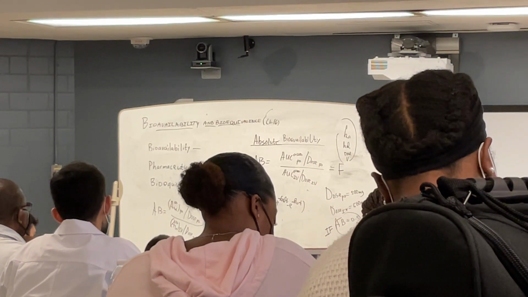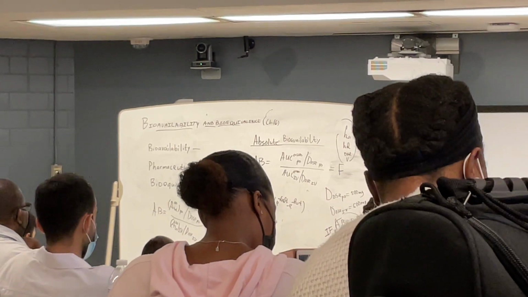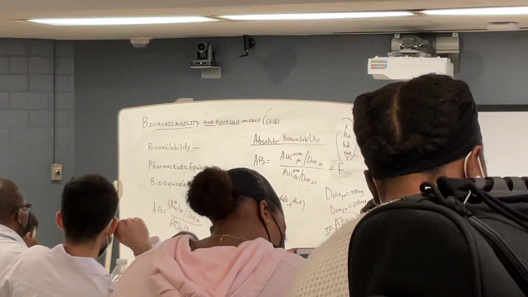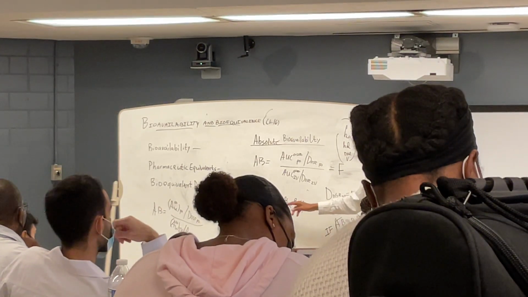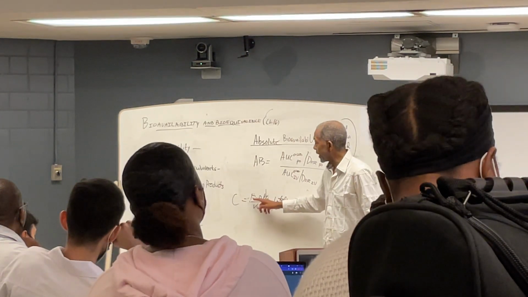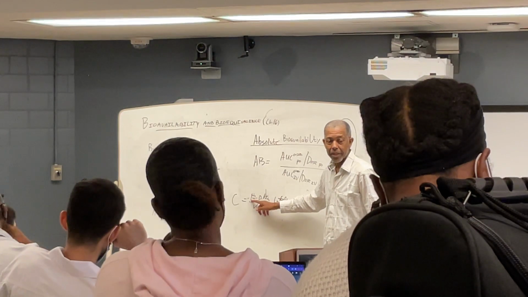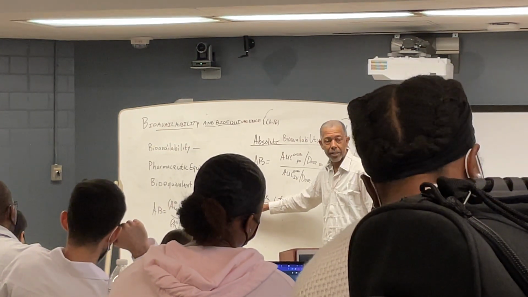Because if the absolute bioavailability is low, let's say the absolute bioavailability is only 10%, I hope you can see that the lower that absolute bioavailability is, look at this for a moment, brain game, everybody else, the lower this value is right here, the bigger the dose you're going to have to give in order to get a certain concentration.